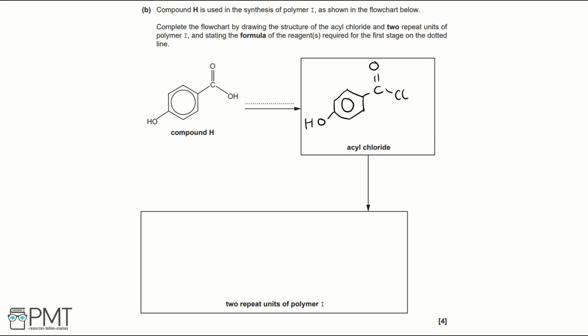The reagent for turning a carboxylic acid into an acyl chloride is SOCl2. So it's just one reagent here. And now we're asked to draw 2 repeat units of polymer I. So polymer I is when you're having the acyl chlorides reacting together.